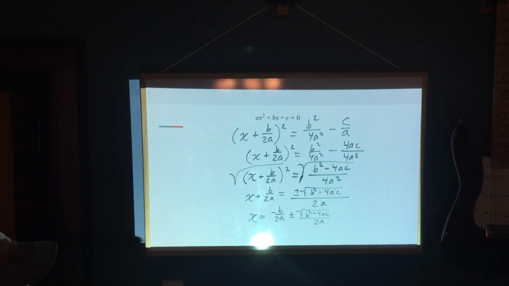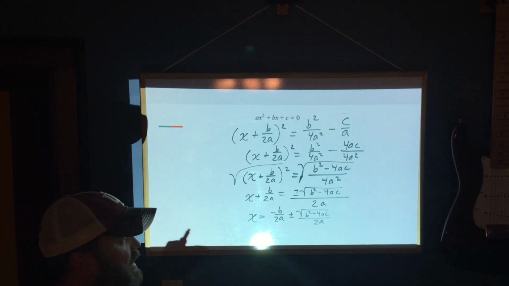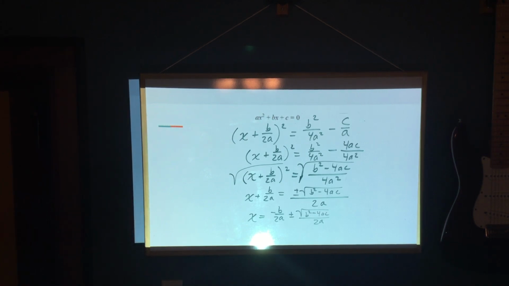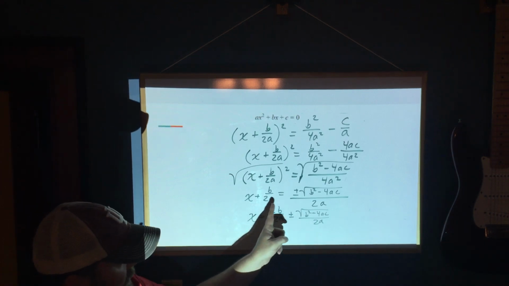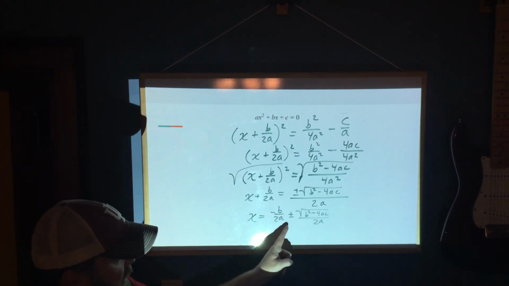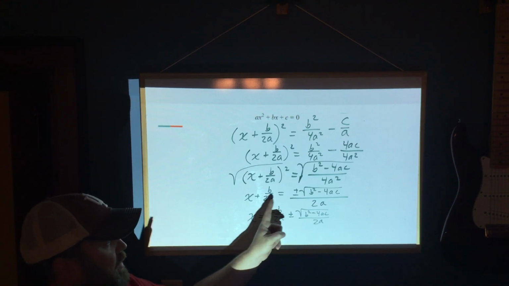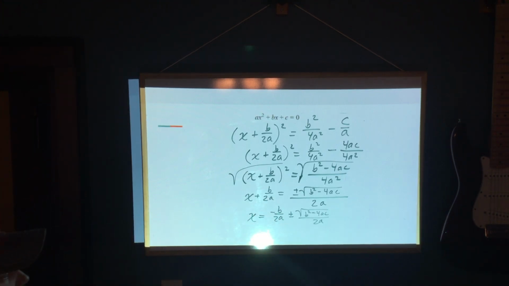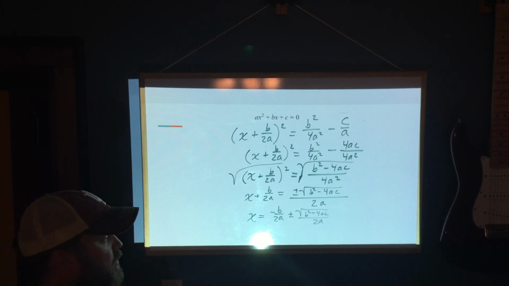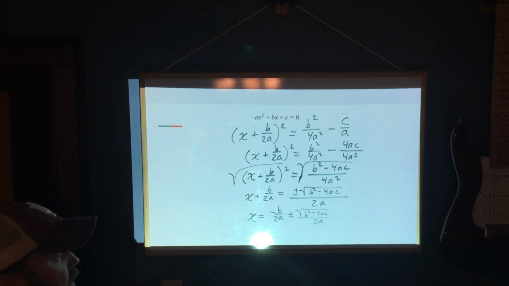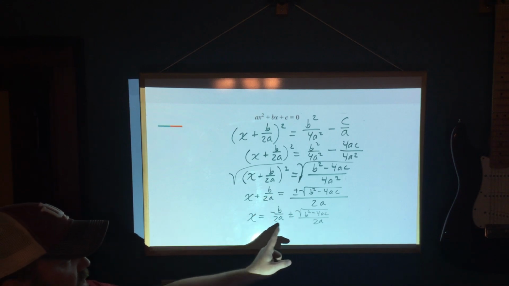Now we're not quite done. We have one more step to go, but I do want to hit the pause button on our progress and ask you if you notice something right here. Negative b over 2a. If you recall from way back in section maybe 9.2, maybe even 9.1, but I think 9.2, we learned that that is the axis of symmetry.